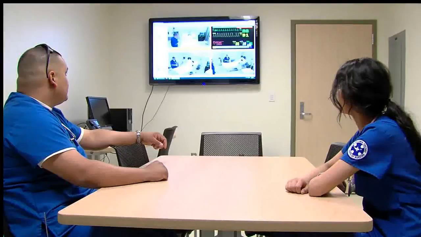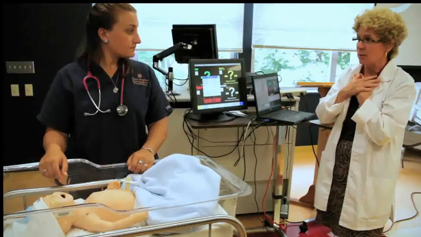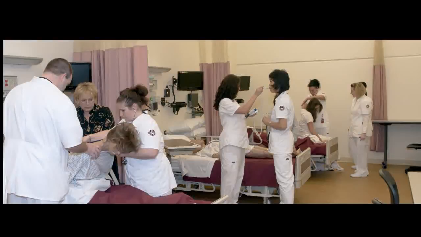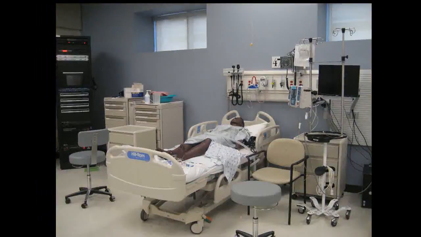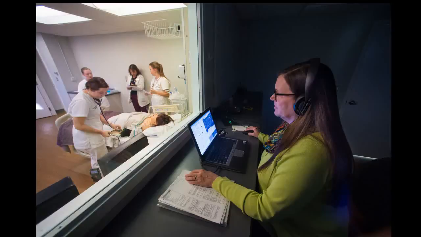Another study compared two groups of first-year nursing students to examine the effects of using the human patient simulator prior to the first clinical experience. One group of students worked with a simulator 1 week before the clinical experience. The other group experienced the traditional skills lab.